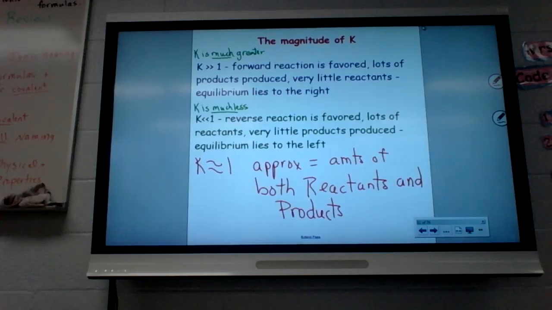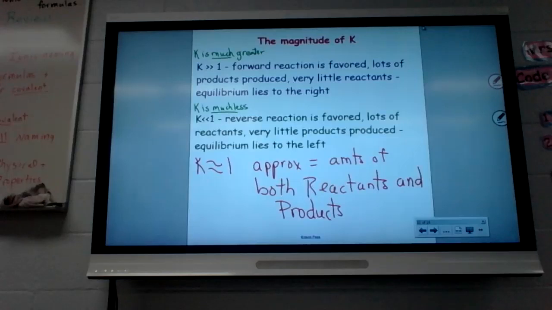We have more products. If K is really small, meaning less than 1, we know we have more reactants. Okay? If K is approximately equal to 1, we have approximately equal amounts of both. Does that make sense? That's what K could be used for us right now, without us taking an upper level class.